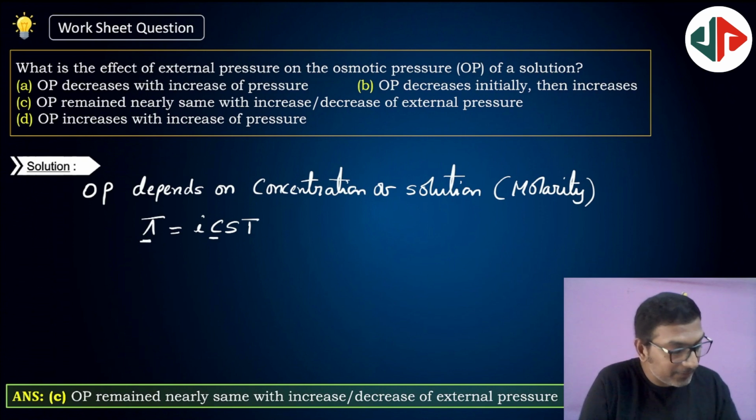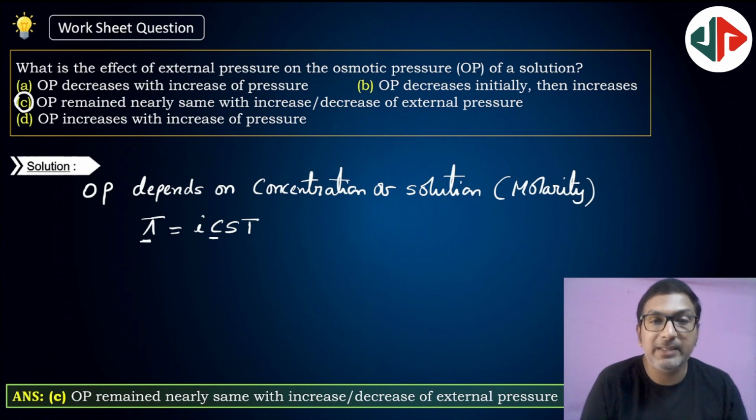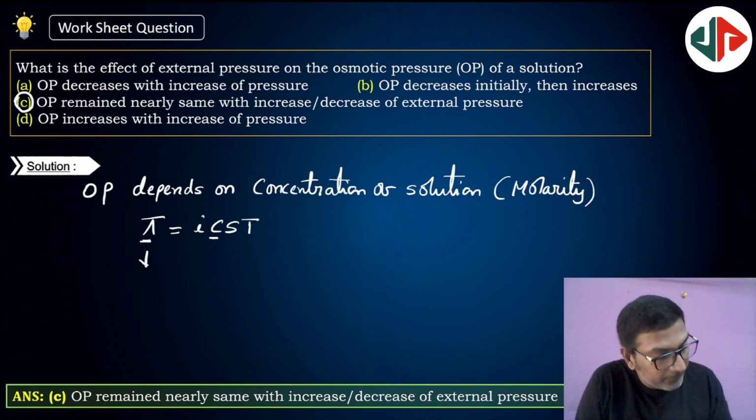Therefore, osmotic pressure remains nearly the same with increase or decrease of external pressure. Option C. That means pi is independent of external pressure.